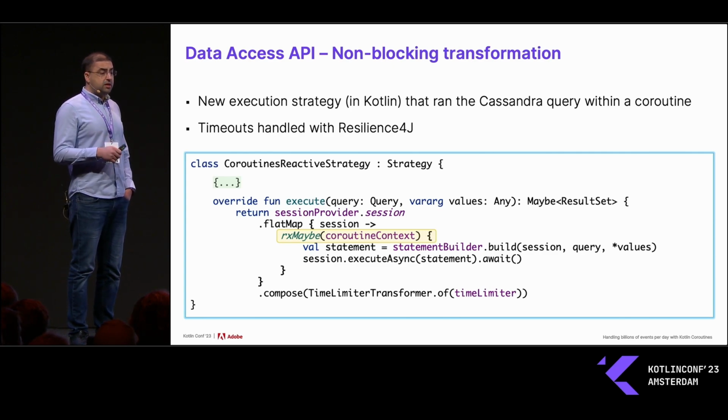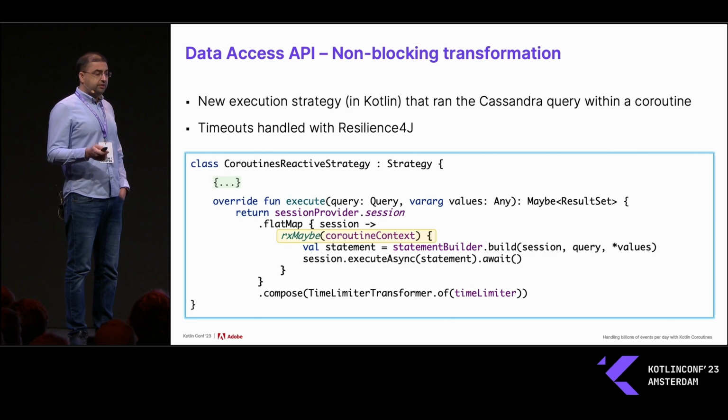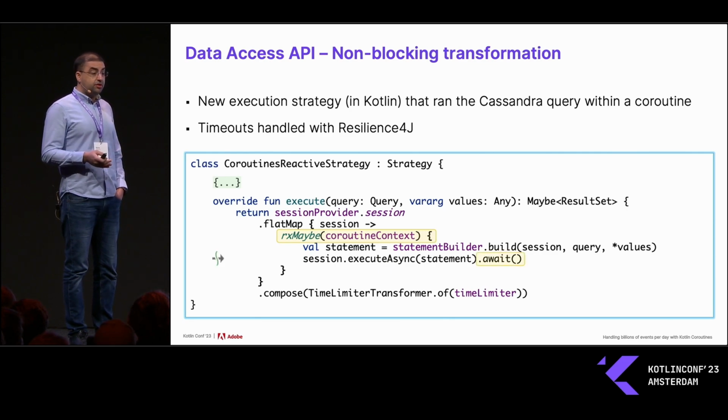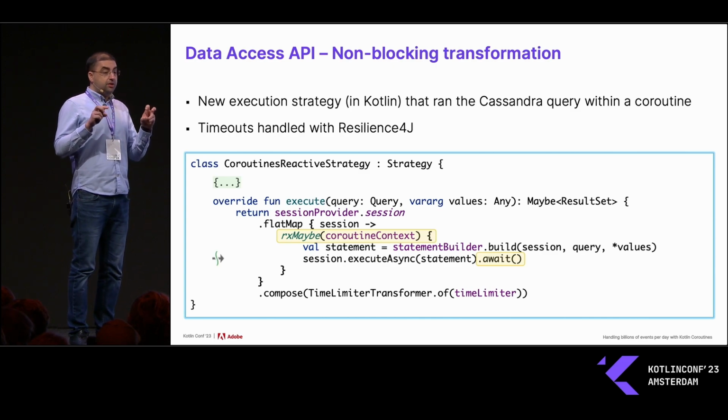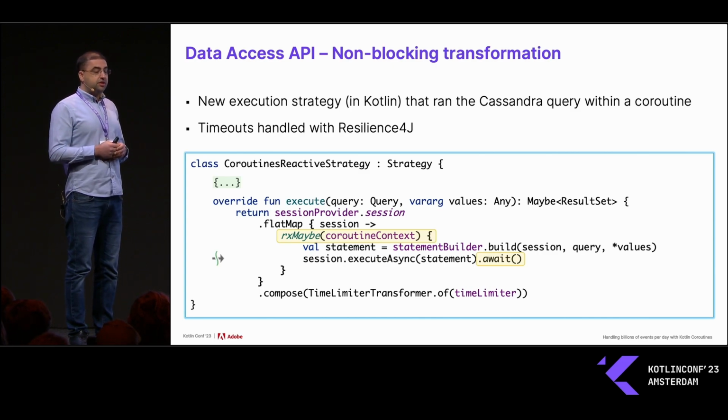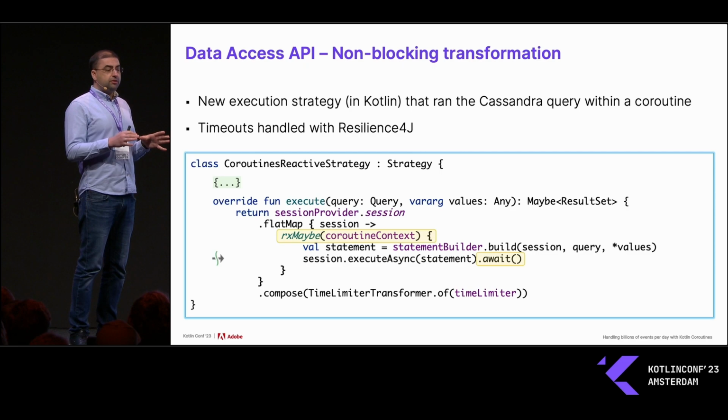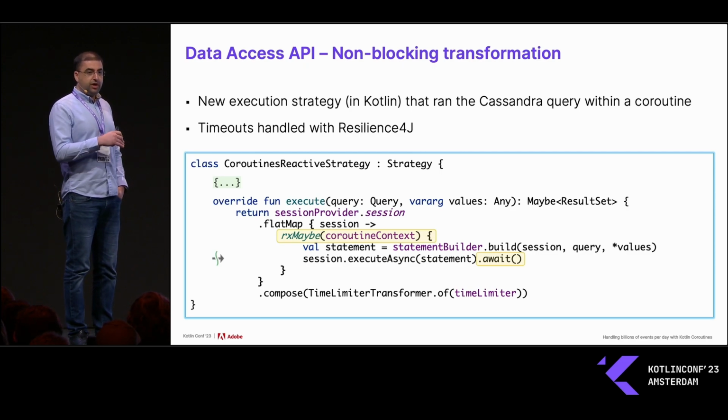When this coroutine runs, we build the Cassandra statement, execute it asynchronously via the Cassandra driver, and then using the coroutines Guava integration library, all we had to do is to call await on the driver result, which was a ListenableFuture. For timeouts, we've used Resilience4j, a highly popular fault tolerance library, and we're done.